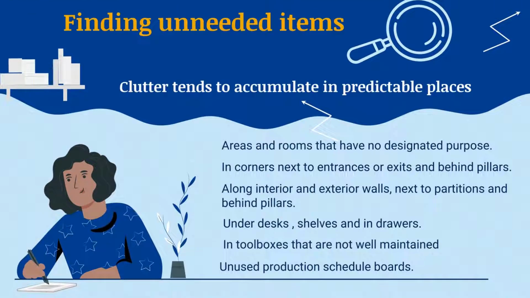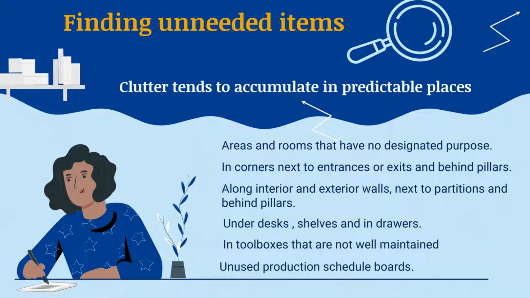Some examples of places where unneeded items tend to accumulate include areas that have no designated purpose, in corners next to entrances or exits, along interior and exterior walls, next to partitions, and behind pillars, under desks, shelves, and drawers, in toolboxes that are not well maintained, and on unused production schedule boards.